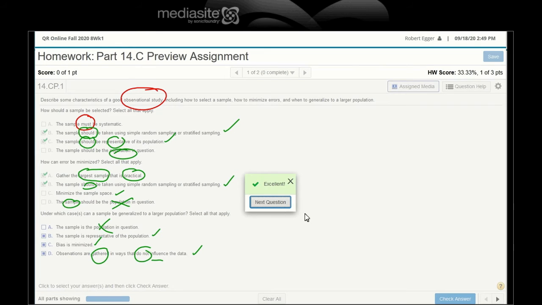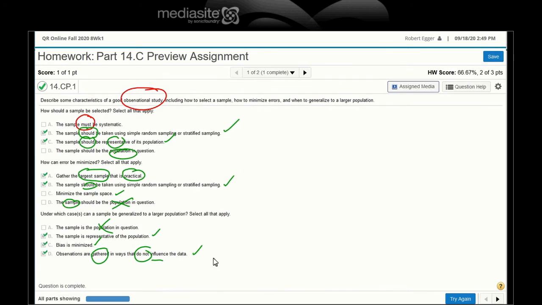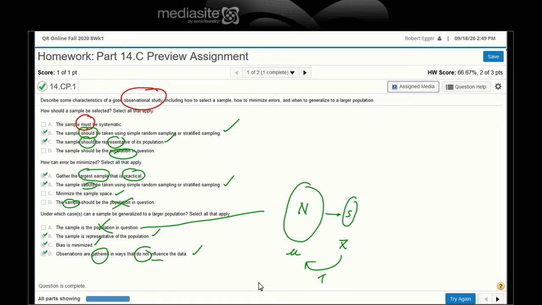Alrighty. All the stuff we learned in the tutorials. Next question. That's a lot of it. Notice in each case that one was eliminated, because the whole idea of statistics is to take a sample and use the sample to infer back on the population, on what the population would do.